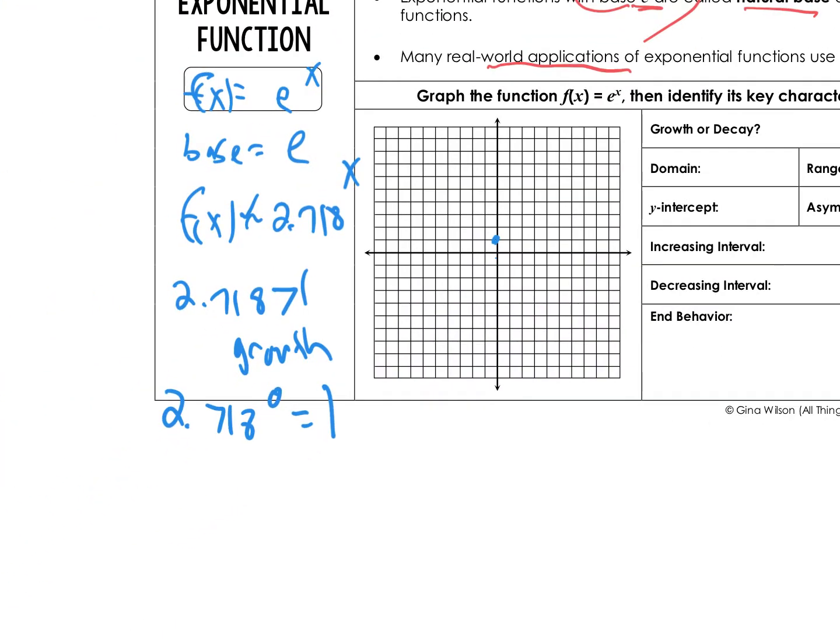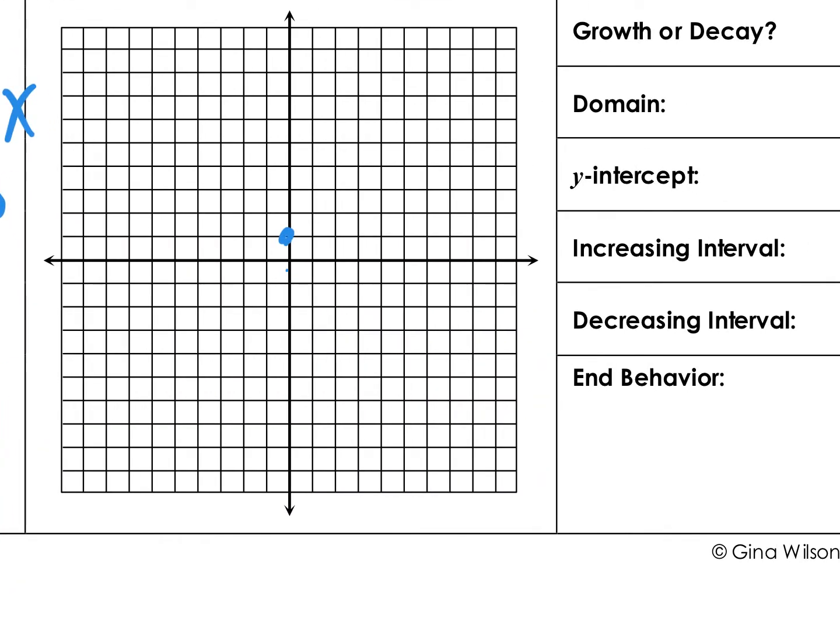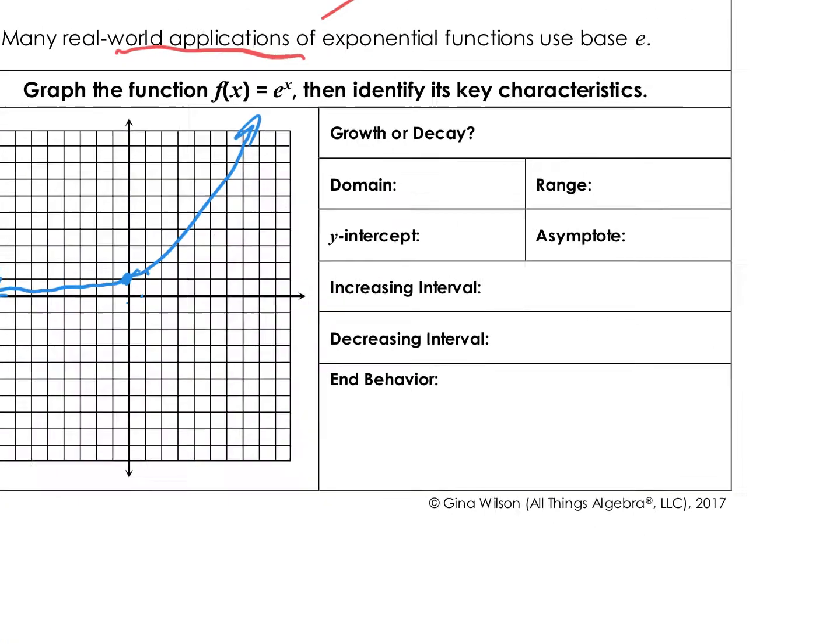Now, if I want to know what happens when x is 1, just taking another point, well, e to the 1 is just e, so that's 2.7. So if I go to 1, it's about here. So there's my growth. There's my beautiful growth. And since it did not shift up or down, it's still going to go just like the other exponential growth problems.